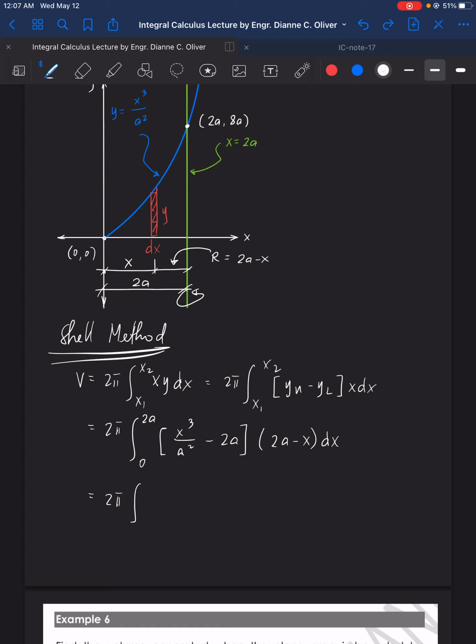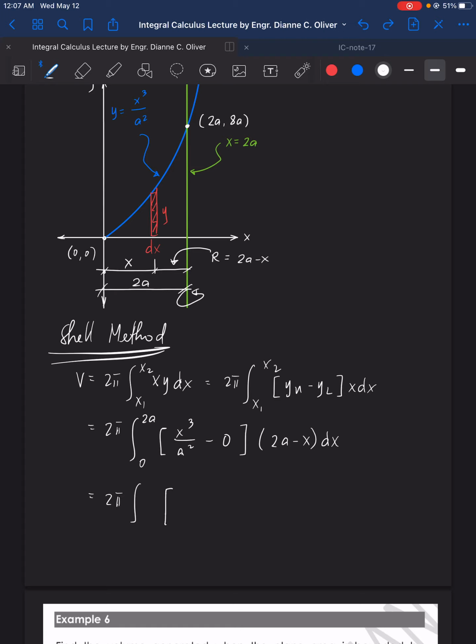Okay, so if we substitute here, so why did I put here 2a? So this should be 0. Y lower, this is the y lower, so this is 0.